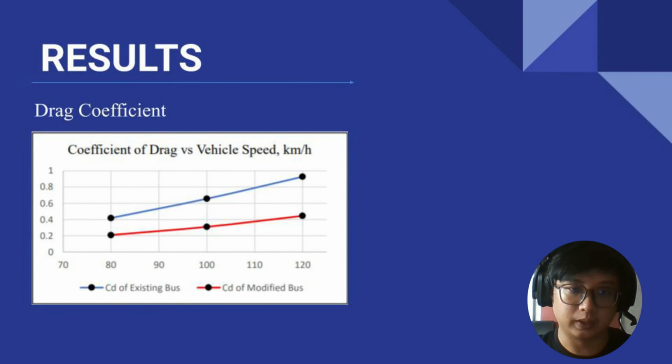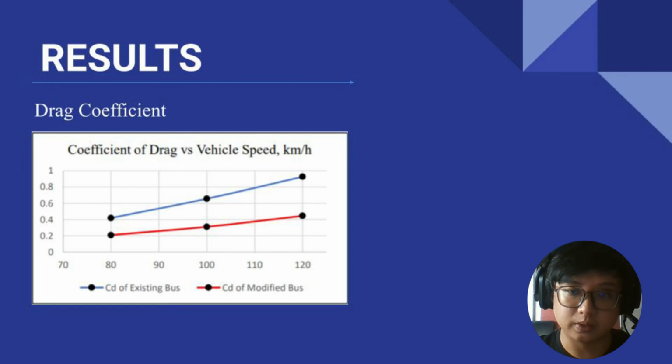For the speed of 80 km per hour, the drag coefficient for the existing bus model is 0.4196, while the drag coefficient for the modified bus is 0.2098. The reduction is 50%. As for the speed of 100 km per hour, the coefficient for the existing bus model is 0.65963, and for the modified bus it is 0.3104.